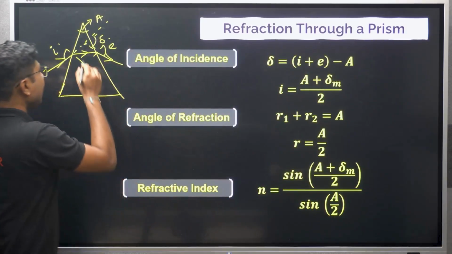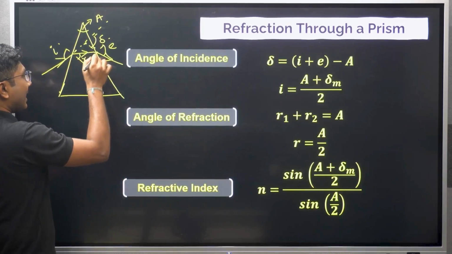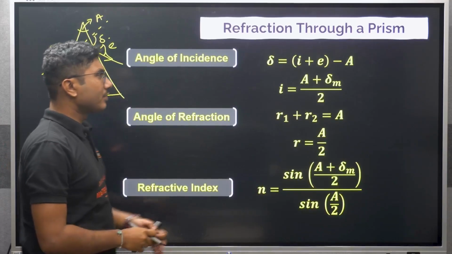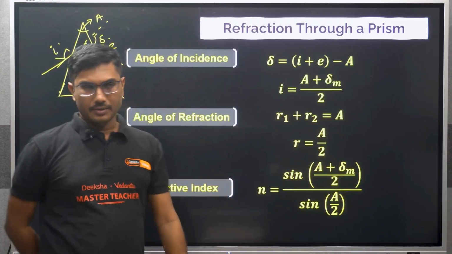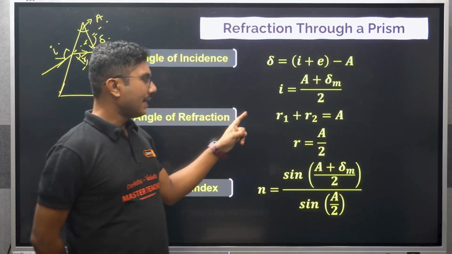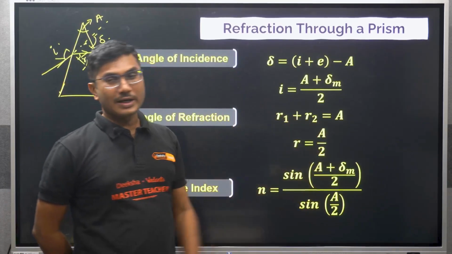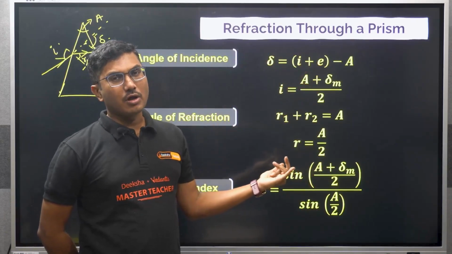Now the corresponding refraction angles, say r1 and r2, can be related to the angle of prism by r1 plus r2 equals A. For minimum deviation, obviously since i and e are equal, r1 and r2 will also be equal.